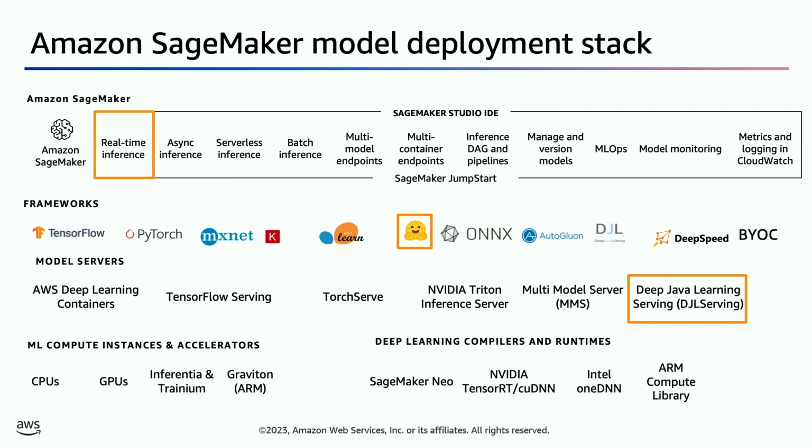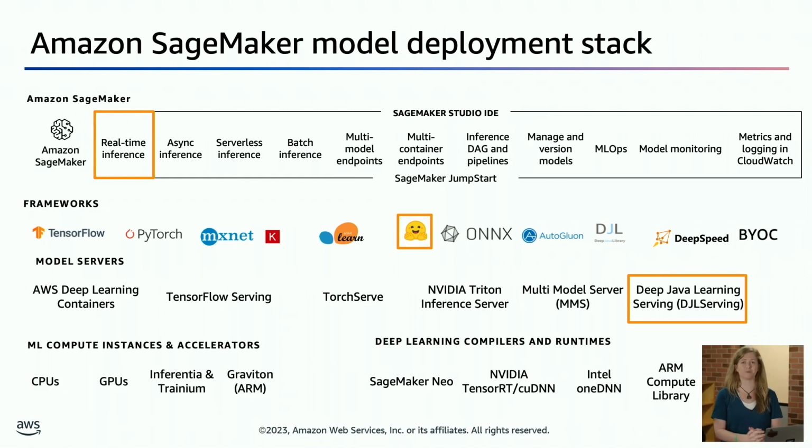And so this view lets you see all of the things that are possible in SageMaker model deployment across different instances, CPU and GPU, accelerators, deep learning compilers and different model runtimes, a variety of model servers, such as TensorFlow, TorchServe, NVIDIA Triton, DJL, all sorts of things, and then frameworks on top of that.